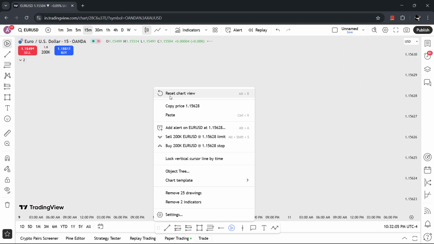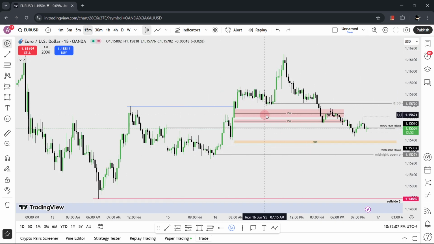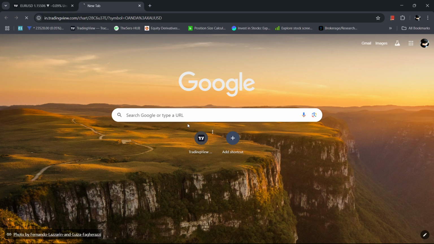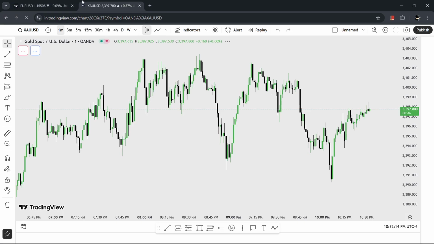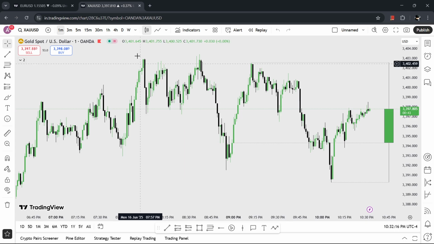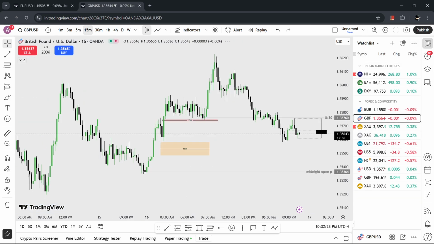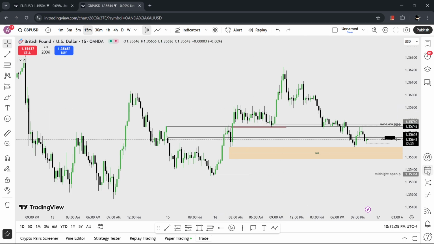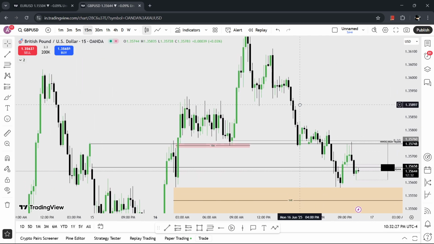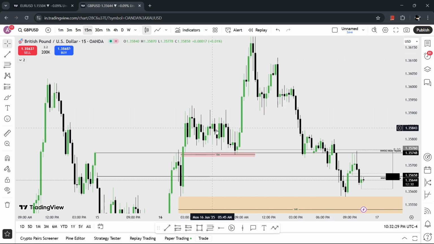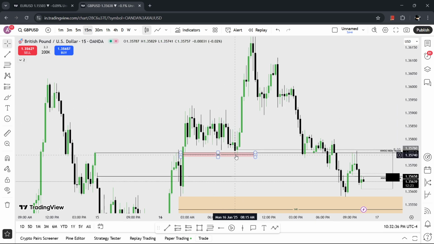But you see, all this accumulation here. Wait, I will show you with respect to GU. Okay, this accumulation, all this accumulation, manipulation to this 15-minute fair value gap on GU.